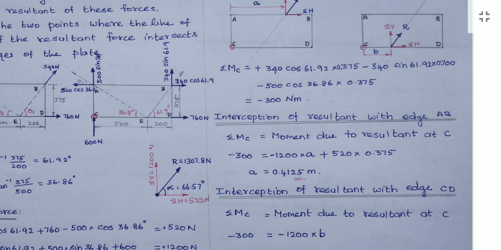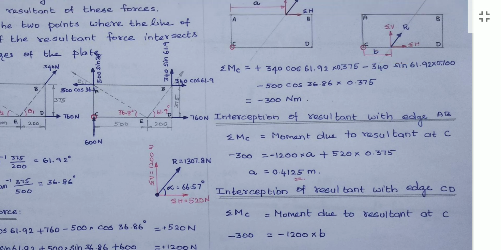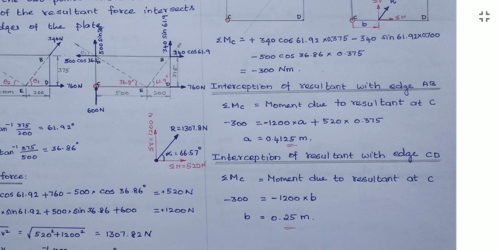Now find the moment about C. This horizontal force sigma h will not create moment, because its line of application is aligned with the hinge point C. But sigma v, the upward force, will rotate the body in the anti-clockwise direction. So minus, the force value is 1200 into the perpendicular distance, this value B. From this we can find the value of B as 0.25.